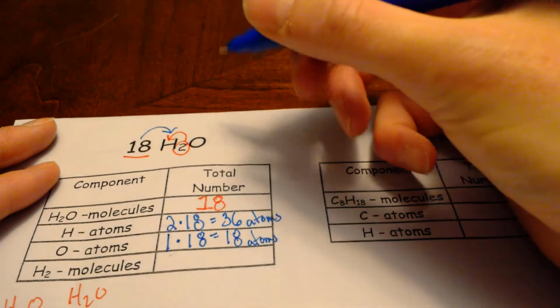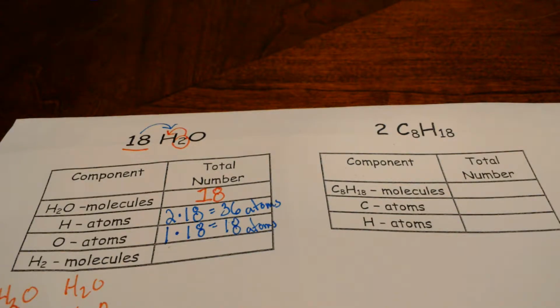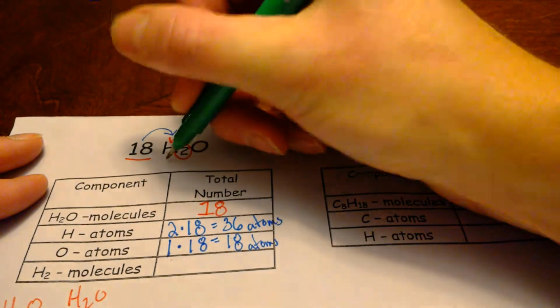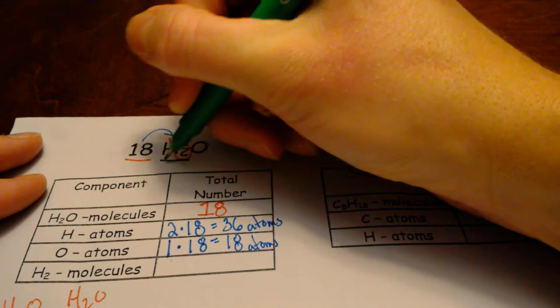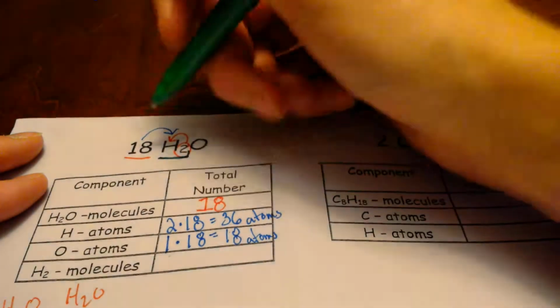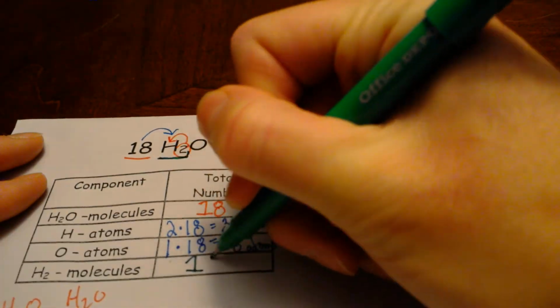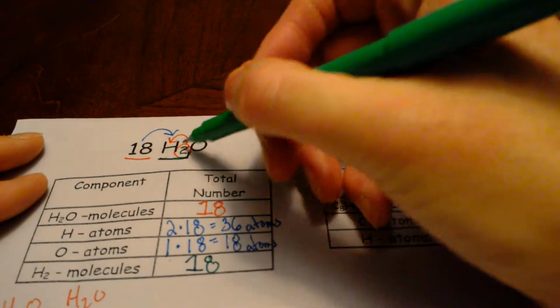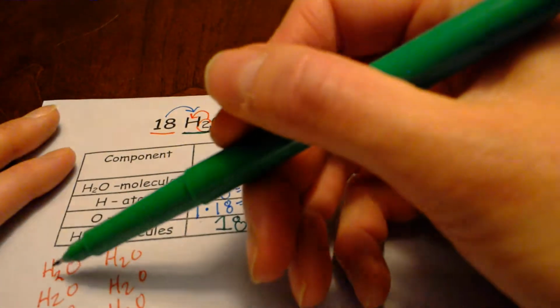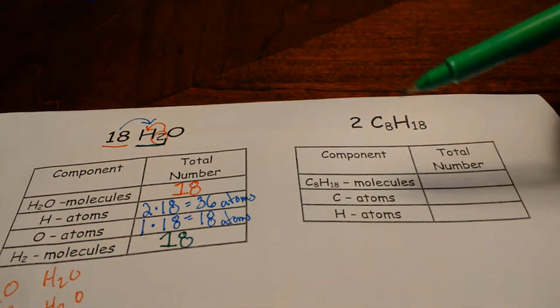And lastly, it wants to know how many molecules of hydrogen do we have as a whole. Here is our hydrogen molecule. Notice the subscript, this plays an important role. So in this case, we have 18 hydrogen molecules. It's like I said, I wrote all of these down 18 times. That's what that coefficient represents.